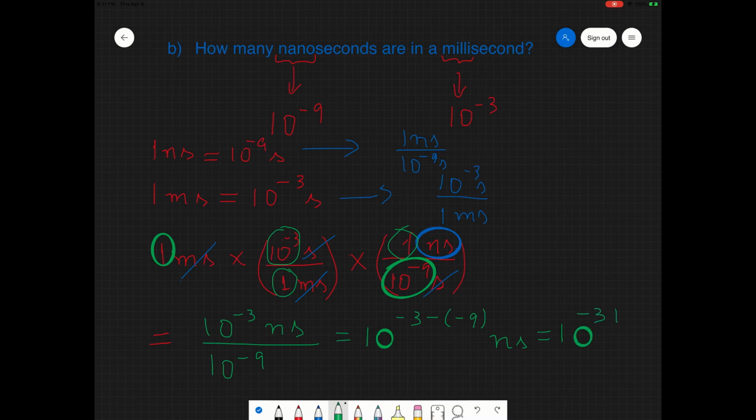So we have 10 to negative 3 plus 9 nanoseconds as the answer. So this is equal to 10 to the 9 minus 3, which is 6. So 10 to the 6 nanoseconds. That is the same thing as 1 followed by 6 zeros. So the answer is 1 million.